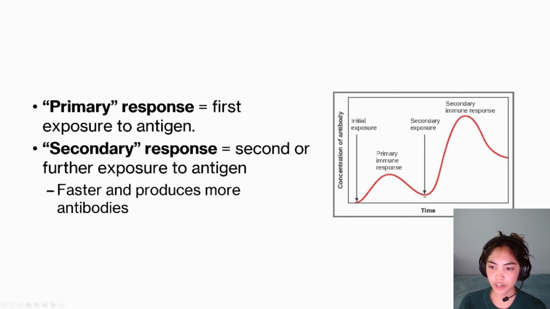So we've got a second exposure now, and you can see here that the response in the same amount of, or even slightly less amount of time, we've got a faster and a more productive production of antigens to fight off that pathogen. Okay, so their second response time is a lot quicker and effective.